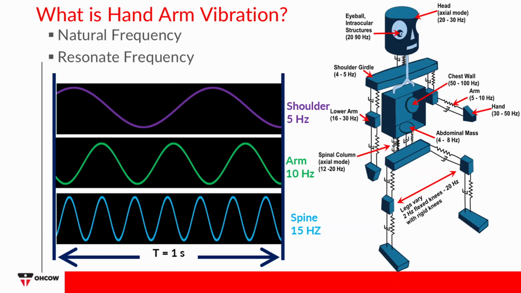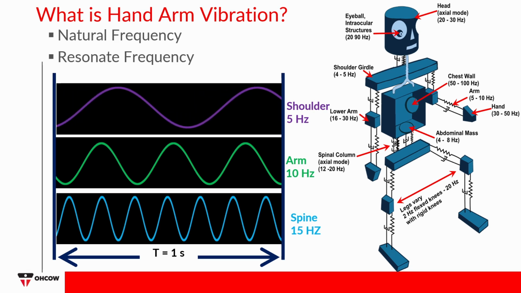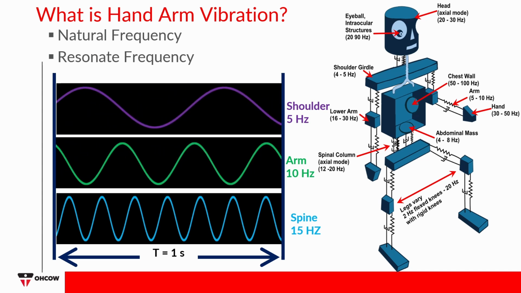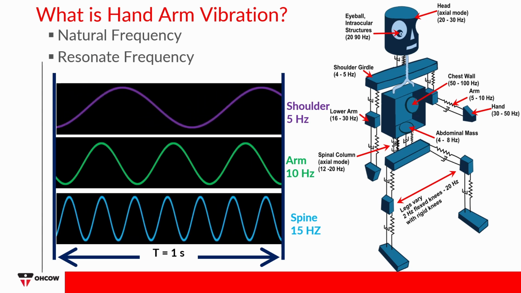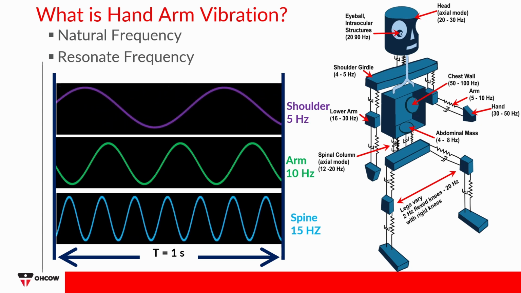Every object has a natural frequency, the specific frequency at which it vibrates most easily. This frequency is determined by the object's composition, size, structure, weight, and shape. Different parts of the human body have their own natural frequencies. For example, the hands typically have a natural frequency of 30 to 50 Hz.